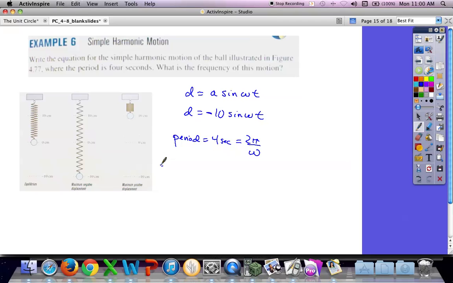We have to solve that for omega so we can stick it in the equation. Multiply by omega, divide by 4. Omega equals 2 pi over 4 seconds, which is pi over 2.